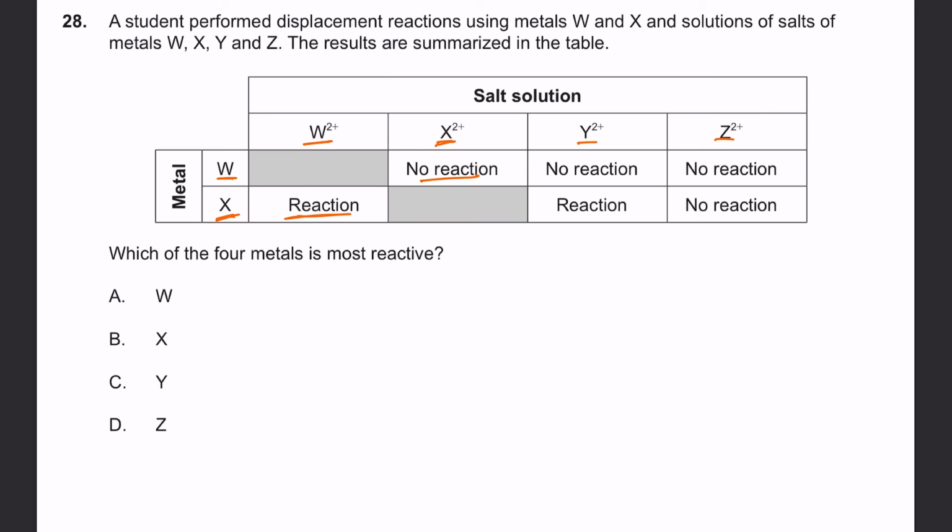So obviously X is much stronger than W. Now between X and Y2 plus, there is a reaction, but there is no reaction between W and Y2 plus. So this means that X is stronger than Y, and W is obviously weaker than Y. For Z2 plus, we see there is no reaction for X and there is no reaction for Y. So we can say that Z is the most reactive. So option D is our correct answer.